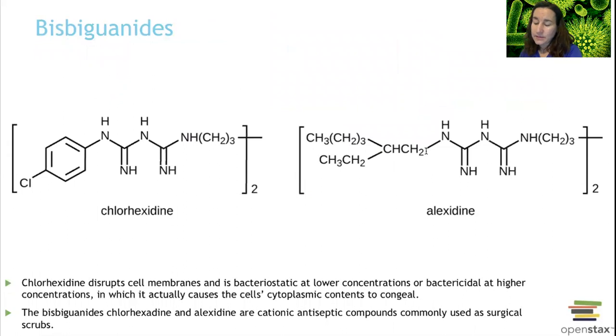This one, I can never pronounce, bisbiguanides, maybe, I think I got it. It's chlorhexidine. And this one is broad spectrum. I don't have it in here exactly specifically what it does.